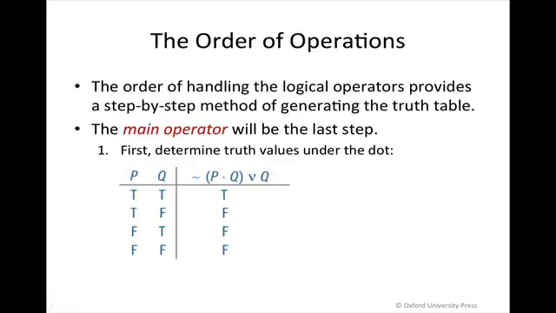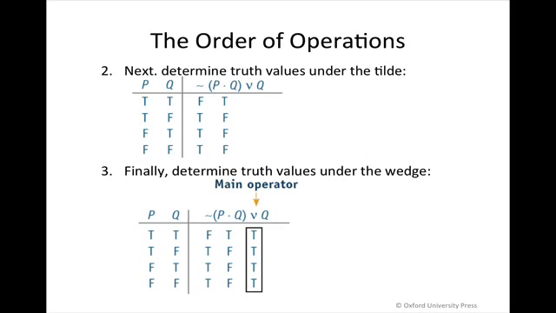So let's walk through, by way of the slides, what we just worked through together. We identified the main operator, the truth values of which will be calculated or determined last. So we start with dot, we got that taken care of. Then we move on to the negation.